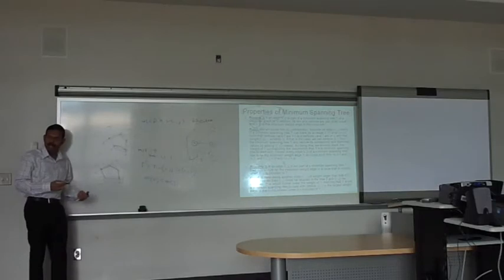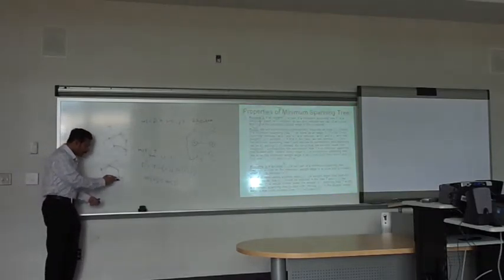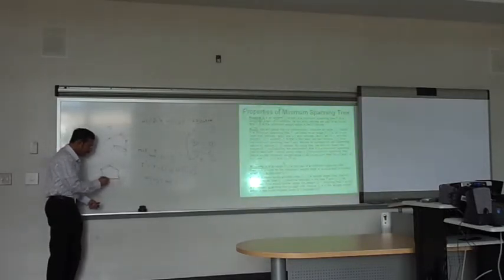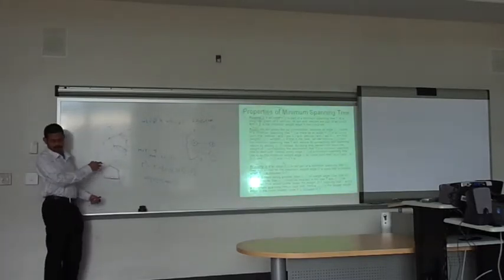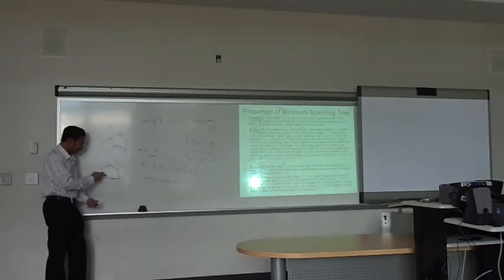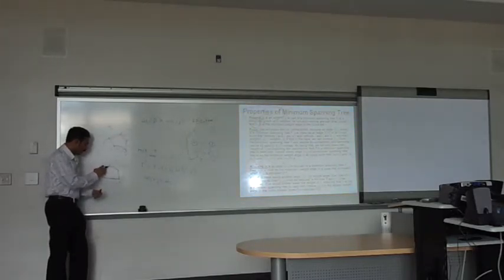Since this is not going to be the largest weight edge in the cycle, I can put it as part of the tree and remove the edge that has the largest weight. If this is not the largest weight, something else has to be the largest weight, right? So I can remove that, and actually I have to form the cut set accordingly.